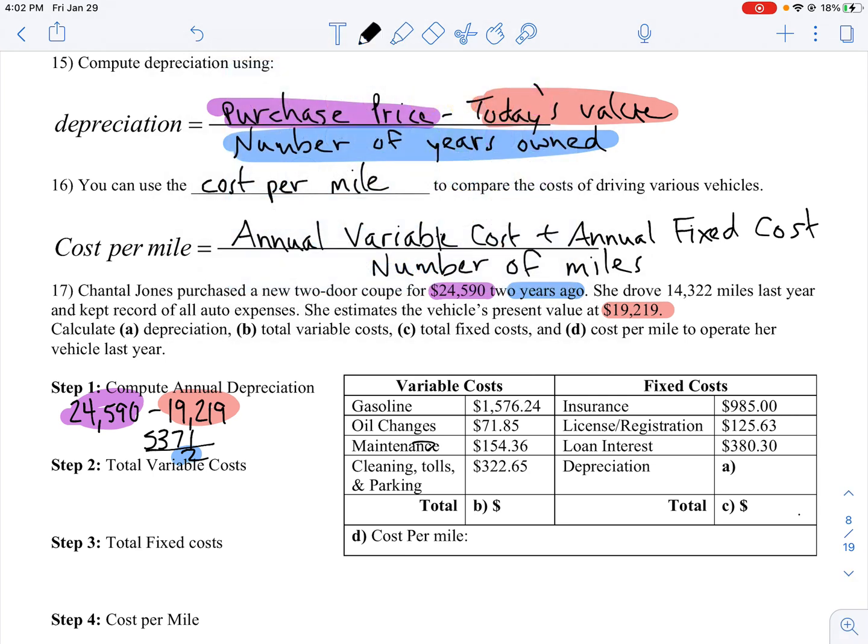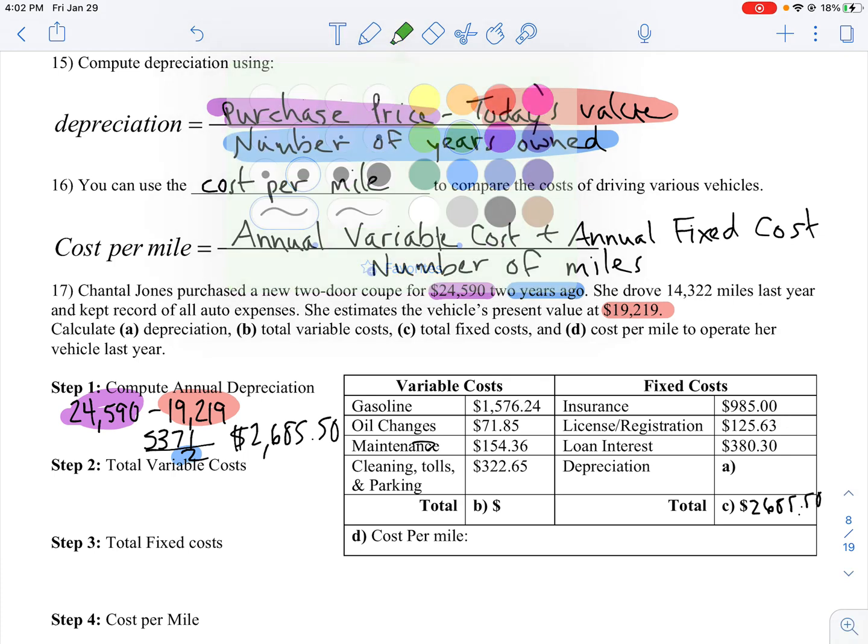So the depreciation is $2,685.50, and we can just put that over here. Now, to calculate the total variable cost, we're just going to add all of these green numbers together.